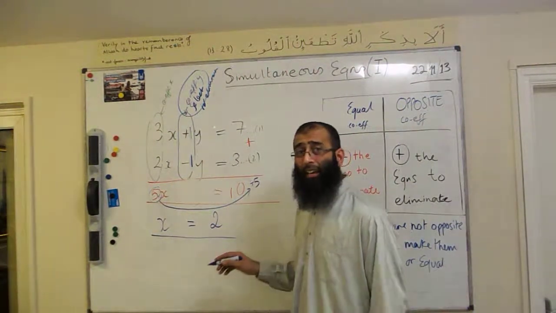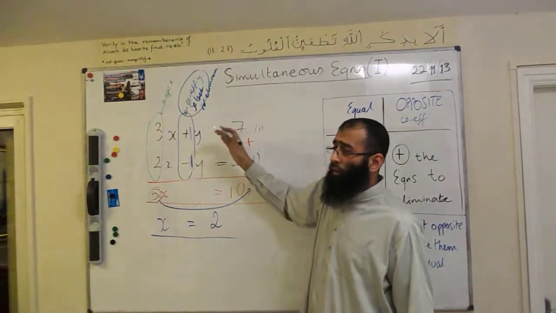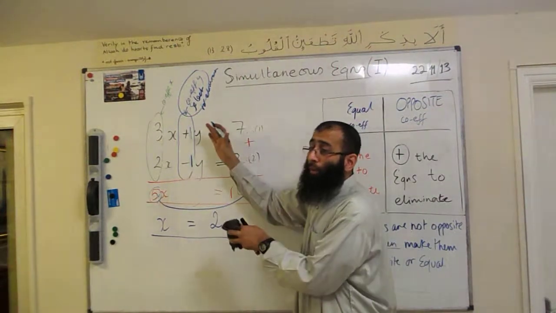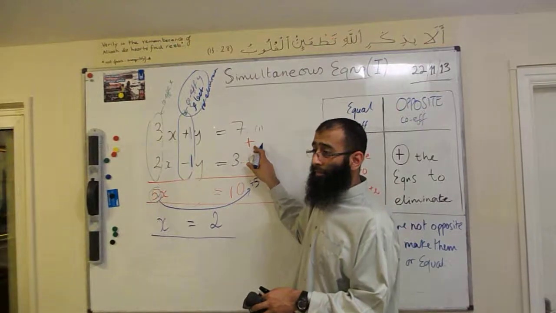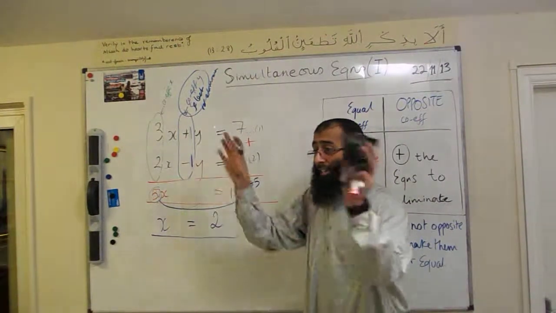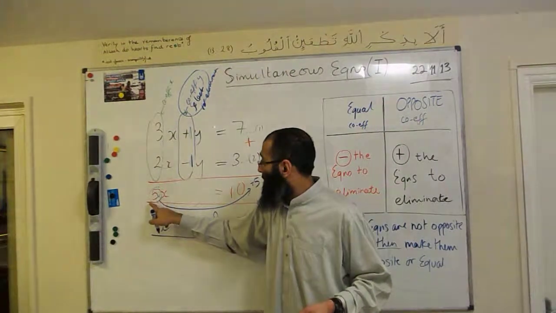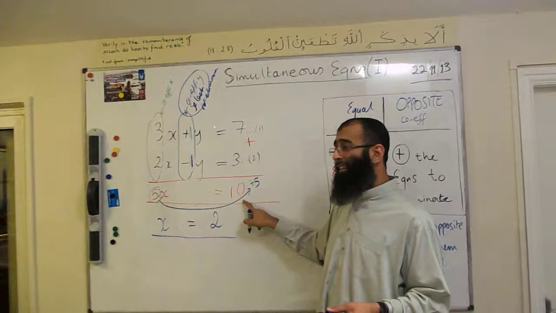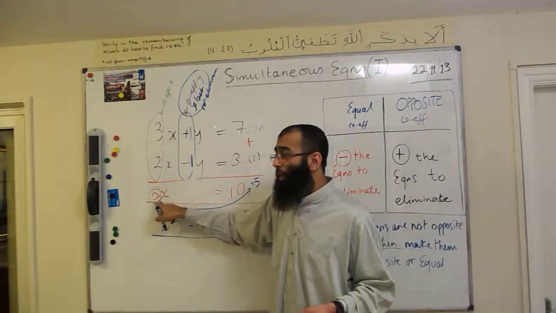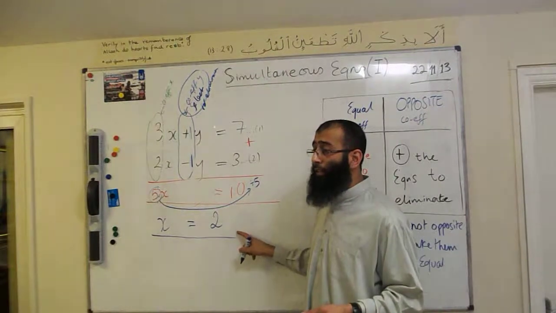So what we've done so far is look at the coefficients of x and y, and decide to eliminate the y by adding. If you add the two equations, y has vanished. We're only left with x. 5 lots of x gives us 10, and the opposite of times by 5 is divide by 5. That gives us the value of one of the things we need to work out.